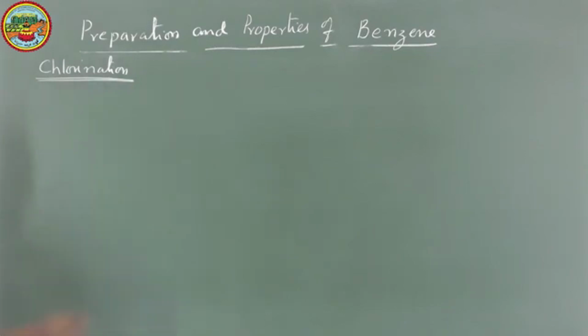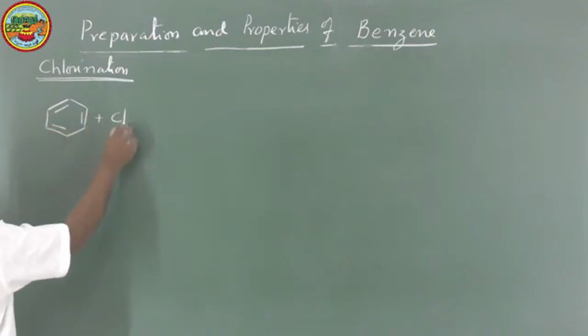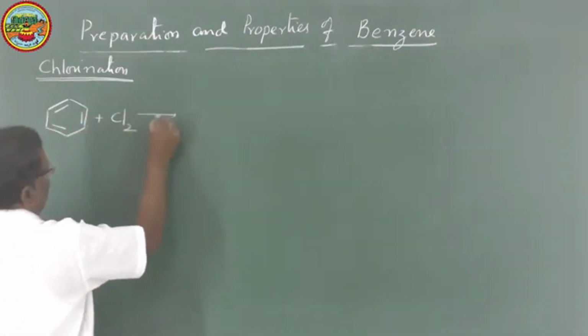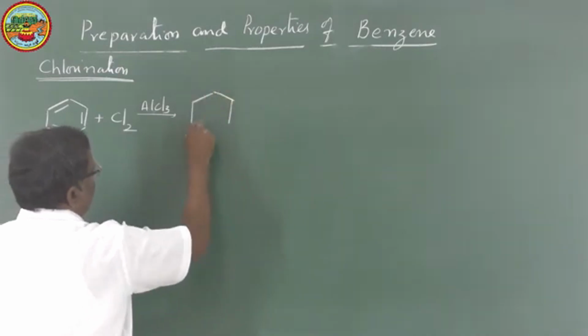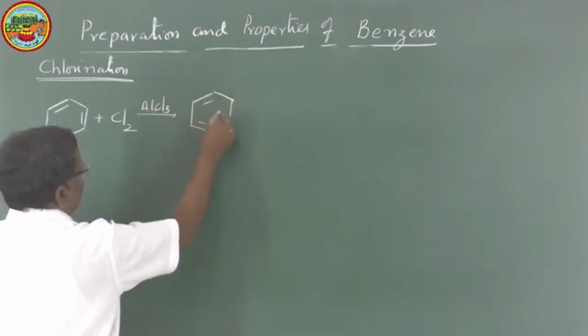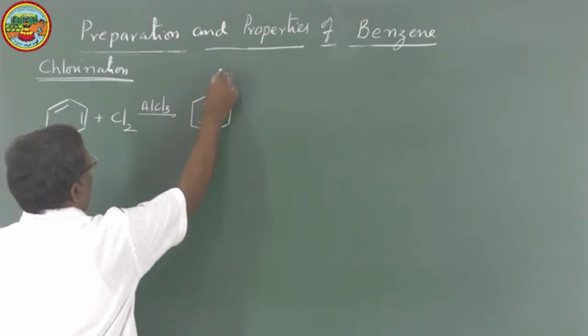Benzene, C6H6, reacts with chlorine in the presence of AlCl3 to give chlorobenzene.